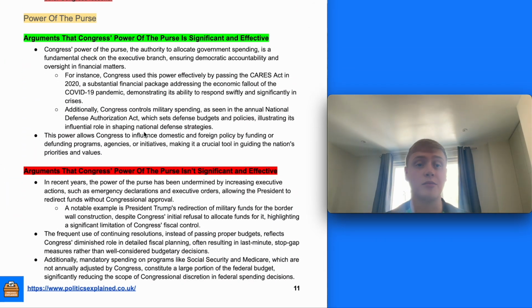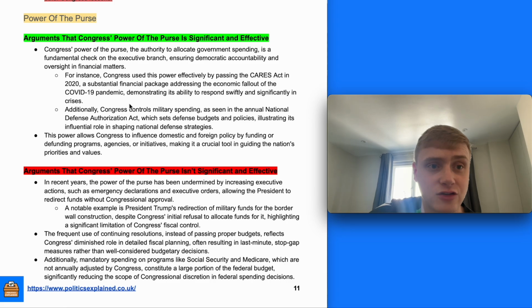So first looking at power of the purse, the arguments that Congress's power of the purse is significant and effective is that it gives them a fundamental check on the executive branch, ensuring democratic accountability and oversight in financial matters.